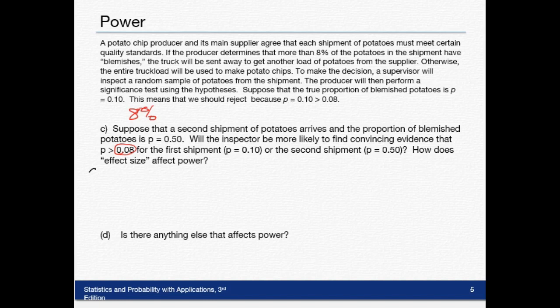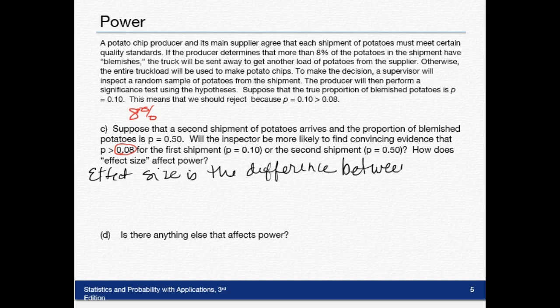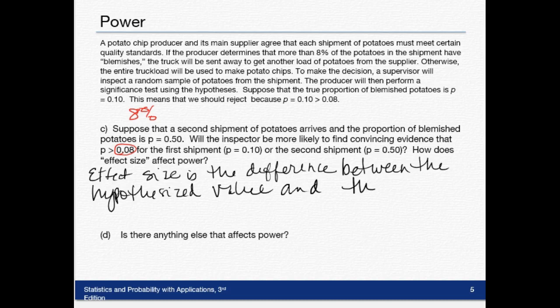Effect size is the difference between the hypothesized value and the truth. Truth being the true proportion that we know we have. So effect size is the difference between the hypothesized value, in this case, which is the 0.8, and the truth, which is the proportion.